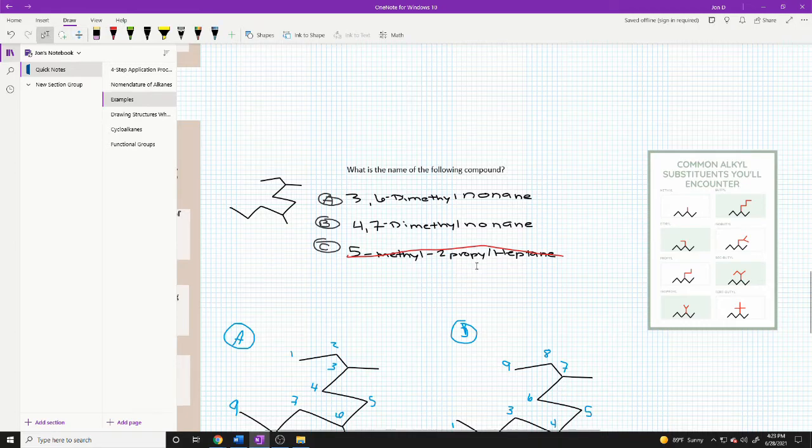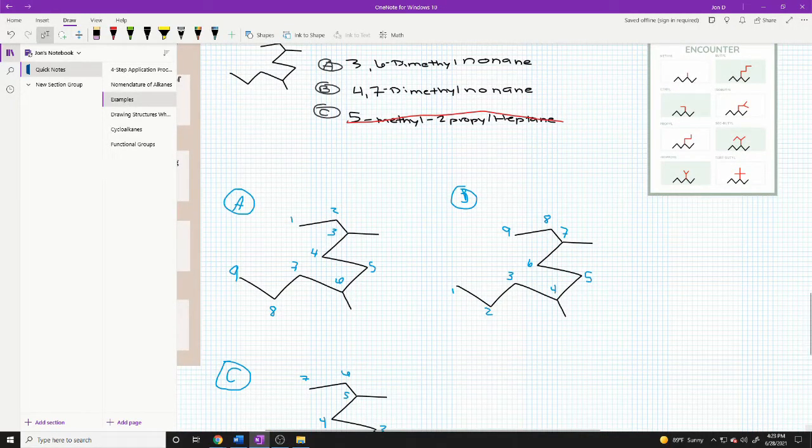All right, and so the next step is to find the longest continuous chain starting with the end nearest the substituent, making sure that the substituted carbons are as low as possible. Now if we go back to example B right here, we can see that we have a substituent on carbon 4 and carbon 7.